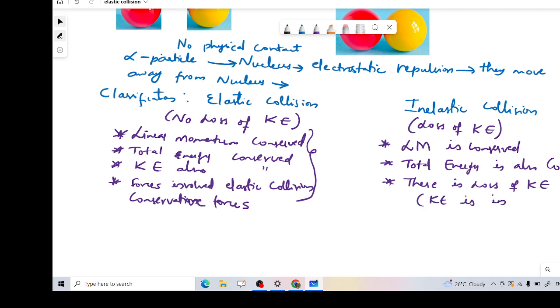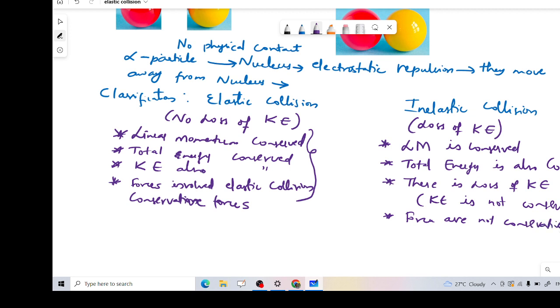And the forces involved are not conservative forces.